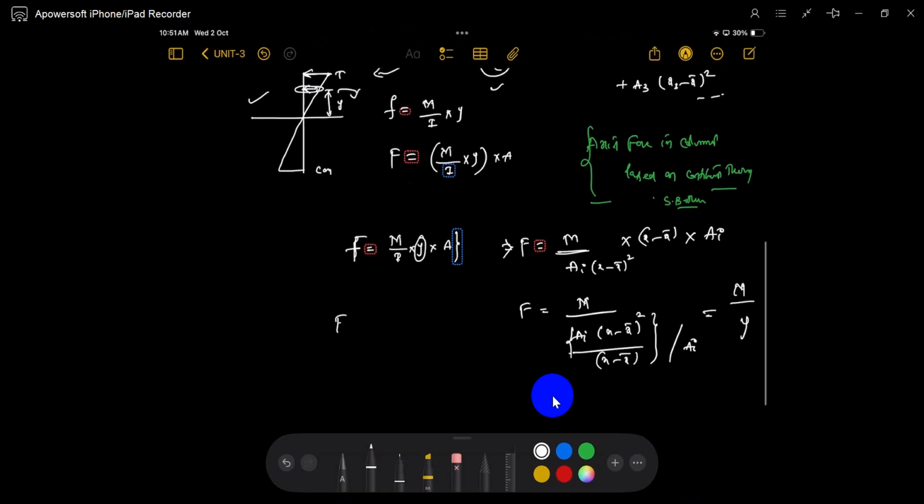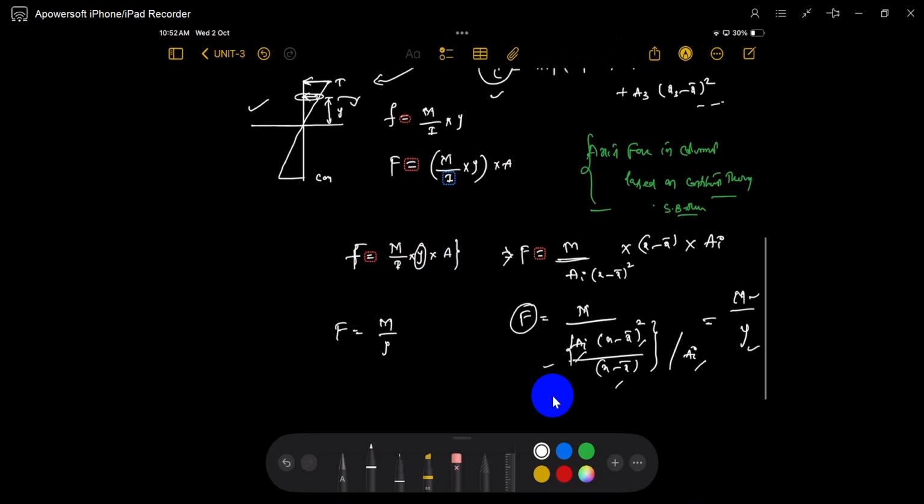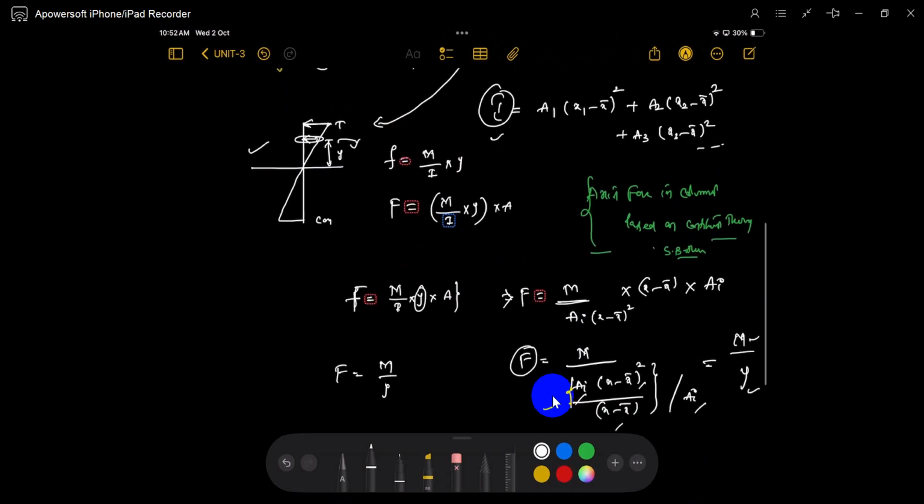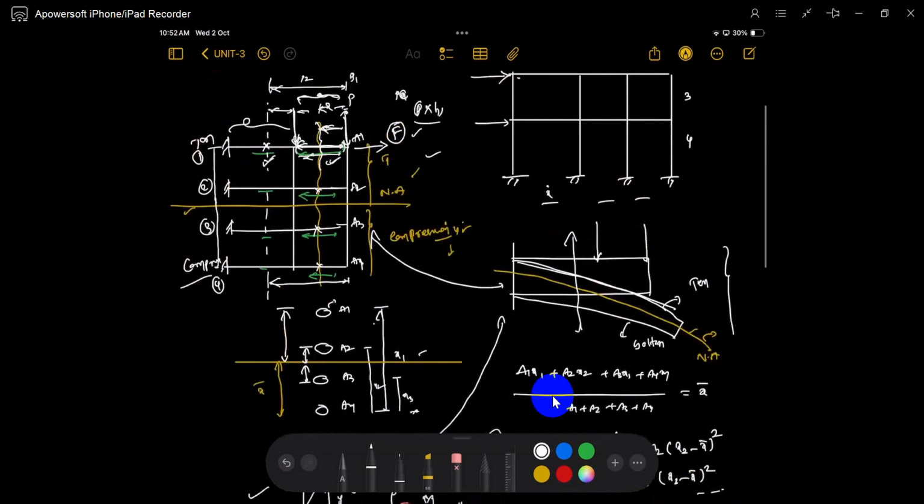Force is equal to moment by distance. The area cancels, this cancels, and only the distance dimension remains: moment divided by the distance. You can get the force in that column. Do you understand? Force in the column, force here, force here, force here. Those forces are the axial forces in the columns.